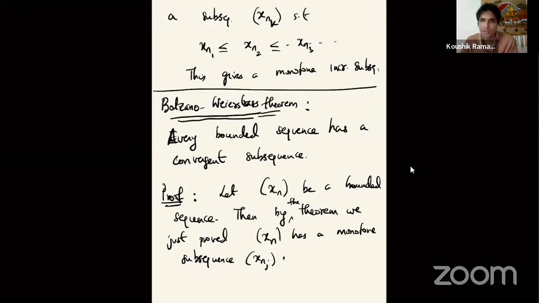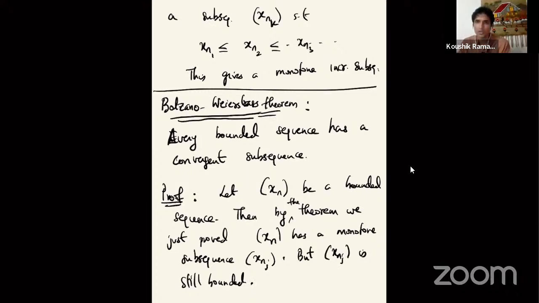This is the previous theorem that we gave. Either it's monotone increasing or monotone decreasing, whichever one of them. But this sequence is bounded, so Xnj is still bounded. If a sequence is bounded, then any subsequence is also bounded, right?